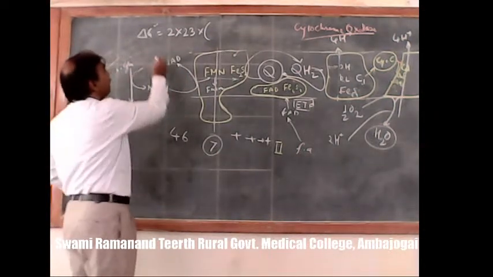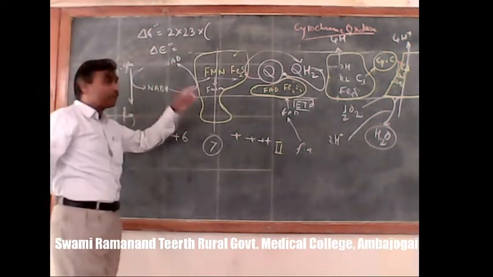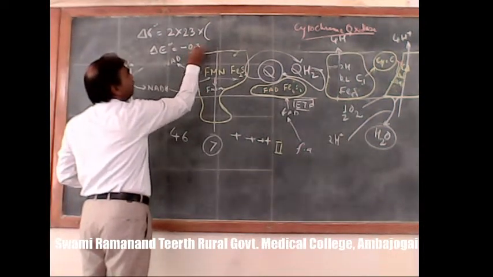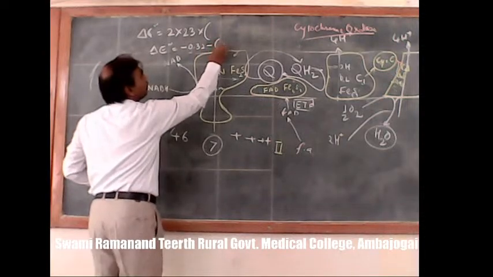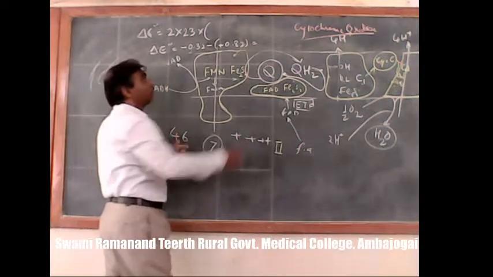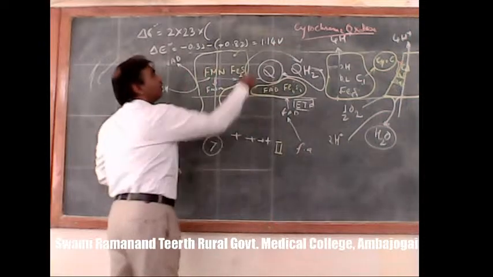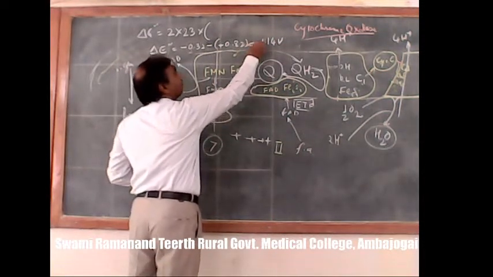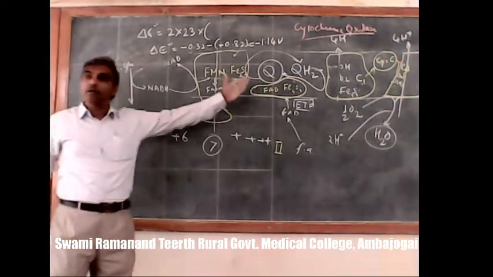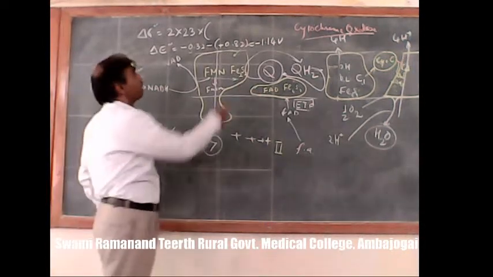What is delta E? Delta E 0 is equal to, NAD is having minus 0.32, minus plus 0.82. How much is it? Minus 1.1 volts is the drop of redox potential through which electrons are transported.